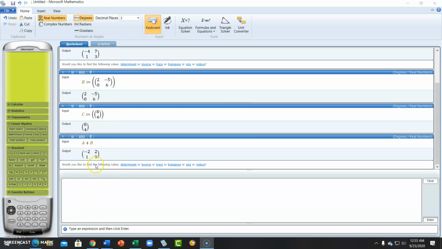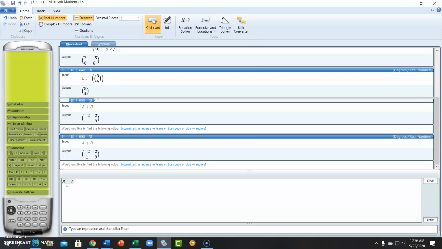I also have the options of taking this matrix, and I can find the determinant or inverse of it. I can transpose it, size or reduce, but I think I'm going to move on to the next expression I need to evaluate. So the next expression would be B minus A. And that gives me 6, negative 12, negative 1, and 3.